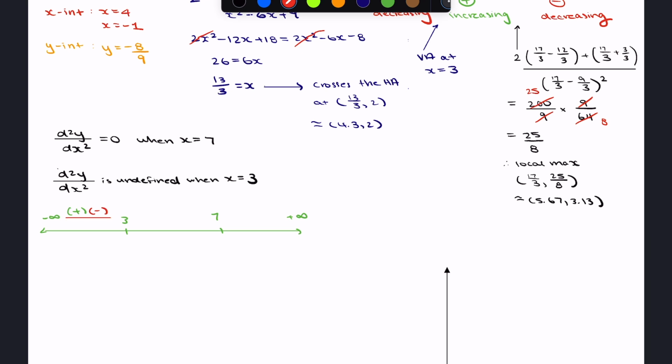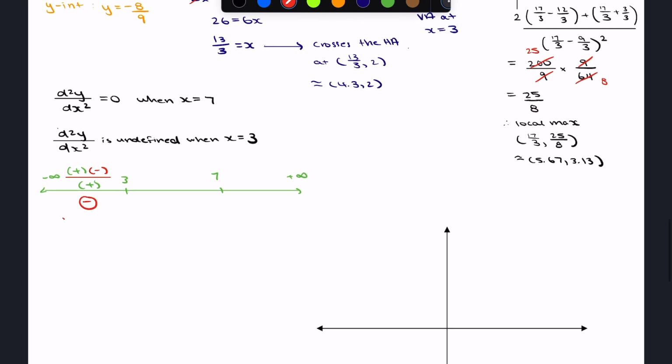And on the bottom, or the denominator, here we have 0 minus 3 to the power of 4, and so that would be positive. Positive times negative divided by positive gives us a negative value. And we can see that that would be concave down.